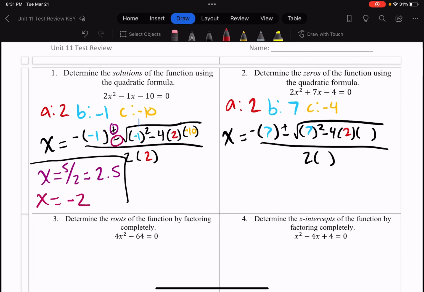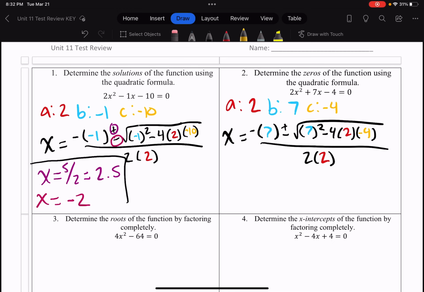So I'm just going to plug those values in so you guys can see them. And then I'm going to enter it into my calculator. So just be careful, guys. If you see parentheses where I've written them here, you also want to put those parentheses inside the calculator as well. So I had the a value of 2, that b value of 7, and c value of -4.